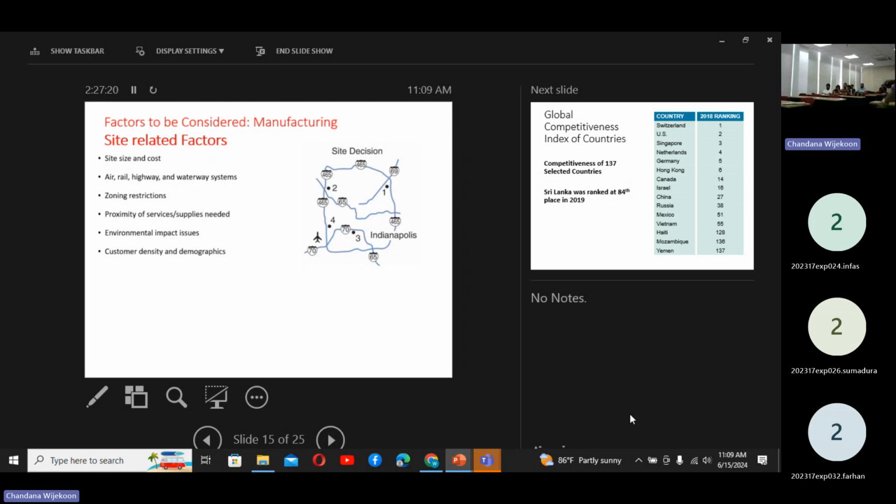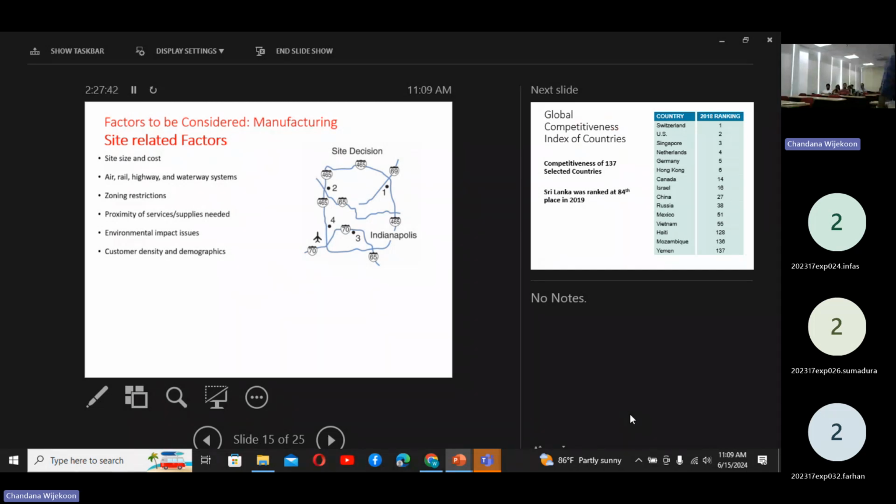So especially for services, and their demographics. Demographics, not just the size of the population, but their living standards, income levels, lifestyles, expenditure patterns, right? They are also considered when selecting sites.